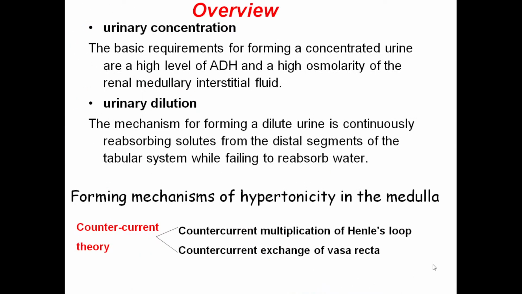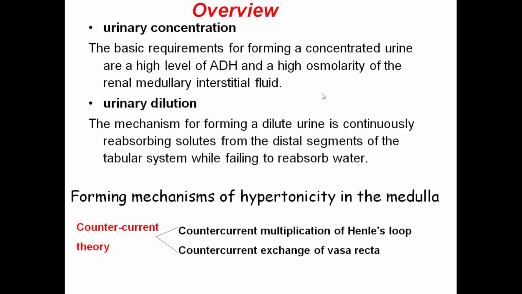Now, an overview of the countercurrent exchanger and multiplier. Multiplication happens in the loop of Henle and exchange happens in the vasa recta, as we have discussed previously. And here you might have two outcomes: urinary concentration or urinary dilution, depending on the needs.